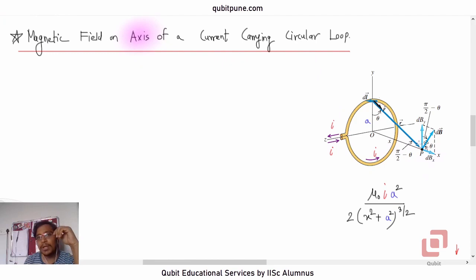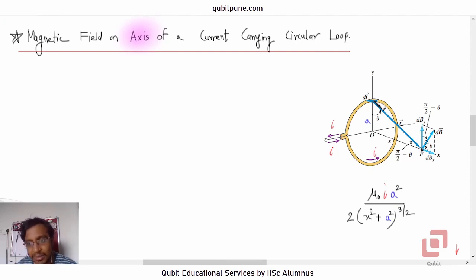Now because it is a circular loop and we are on its axis, we can exploit the symmetry. We have done that in the regular theory lectures, so I will not revisit the derivation, but I will just tell you the final expression of the magnetic field which we have at P. It so turns out that the magnetic field at P is axial.